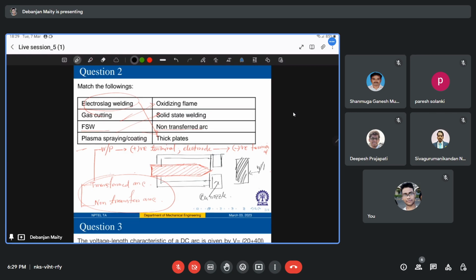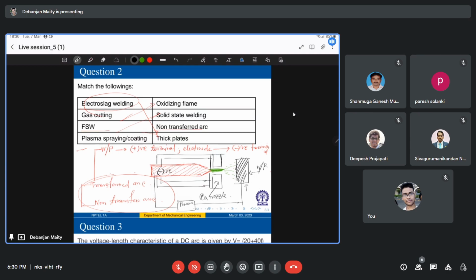And then you have the plasma over here, like this. In your power source, this is connected to your negative terminal, and then you have your positive terminal.